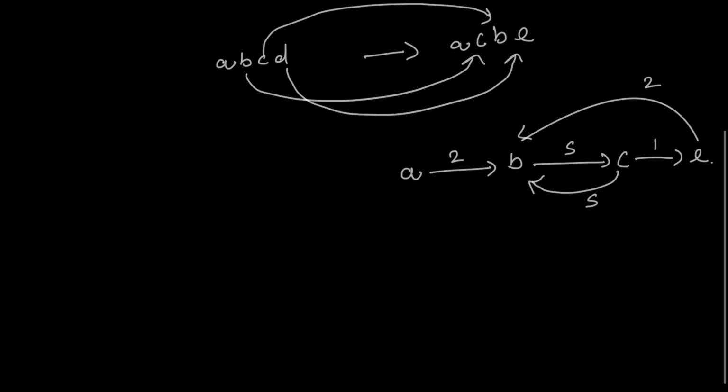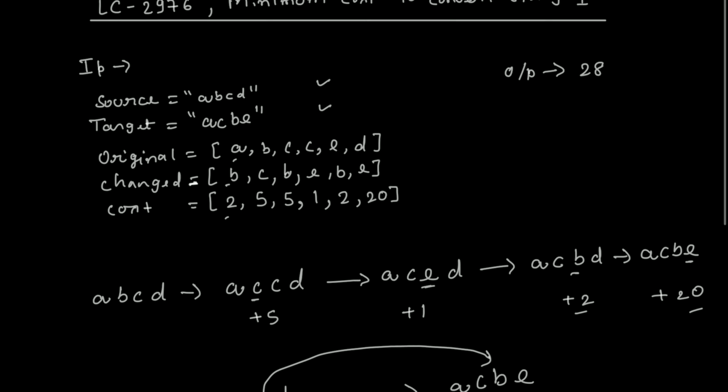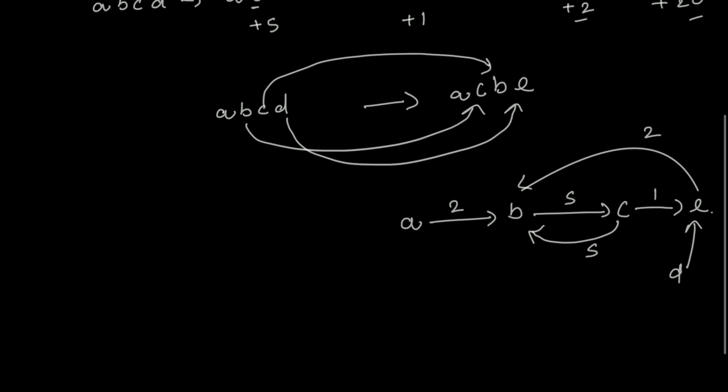So here we can have D, and that cost is 20.